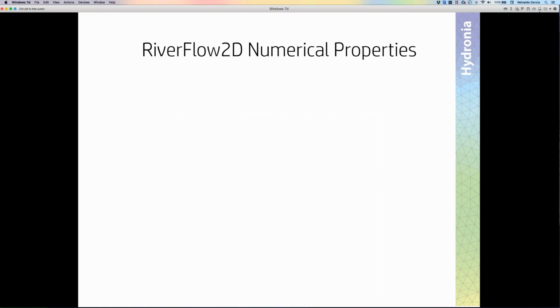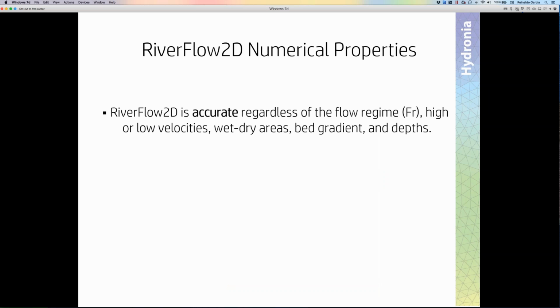Now, the main numerical property of River Flow 2D that is important for coastal and riverine environments is the accuracy. The model ensures accuracy regardless of the flow regime, low velocities or high velocities, wet, dry areas, bed gradients, and depth, without any adjustment. So you don't need to be tweaking things to make your results accurate.